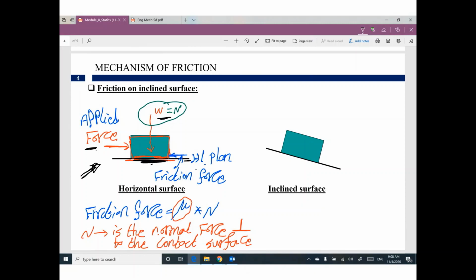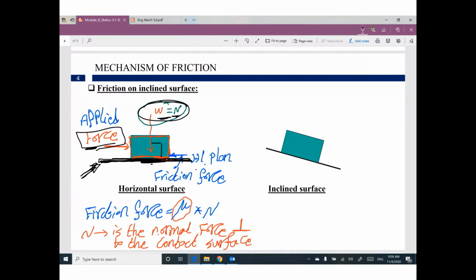The normal force is perpendicular to this surface. So we have a horizontal surface, and everything is related to the surface, sometimes parallel, sometimes perpendicular. We don't have any other forces. All forces are one of two cases, parallel or perpendicular to this surface of contact.